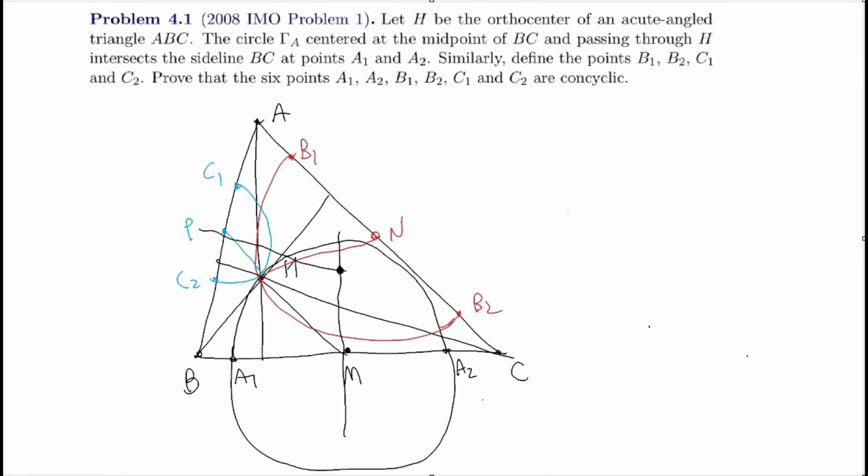So therefore, the center of A1, A2, C1, C2 is just equal to the circumcenter O. However, because this point O is symmetric, like it can just be taken on all sides, therefore, this is also a perpendicular bisector. And this means that C1, C2, B1, B2 also has center O. So therefore, all 3 of these circles have the same center, and evidently, this forces all of them to be concyclic. And this finishes the problem.